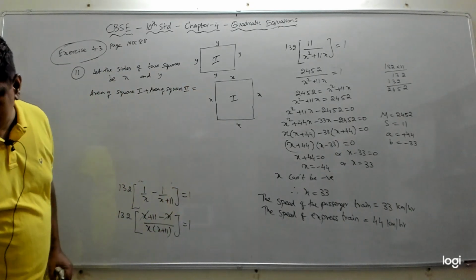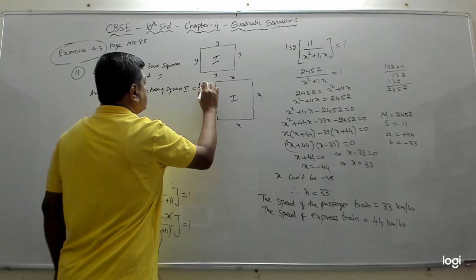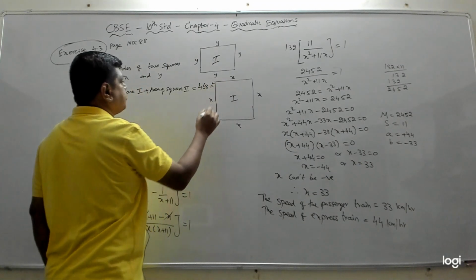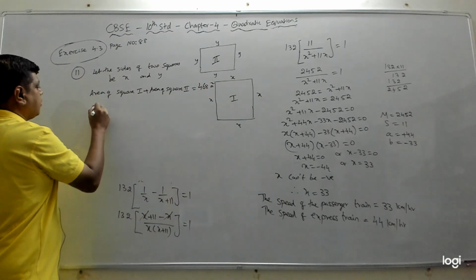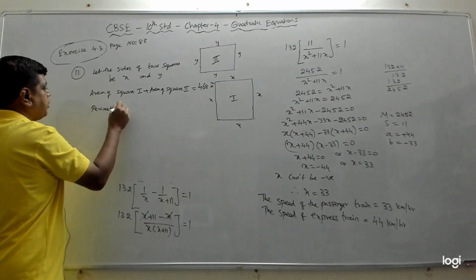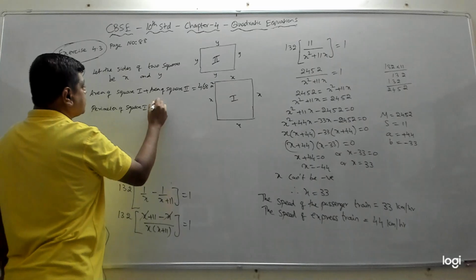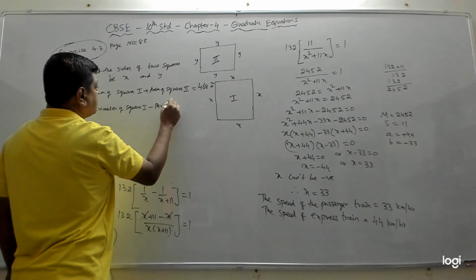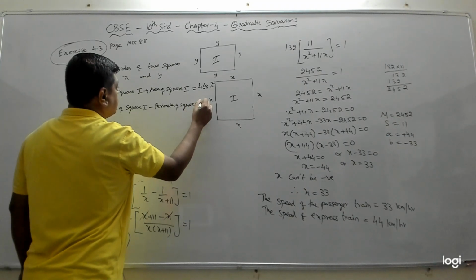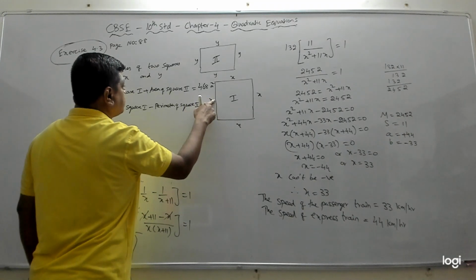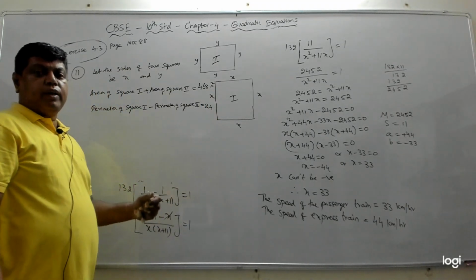Sum of the areas is 468 meter square. Also the difference in the perimeter, which means perimeter of square 1 minus perimeter of square 2 is how much? Difference is 24 meters. Now we should find the side of each of the squares.